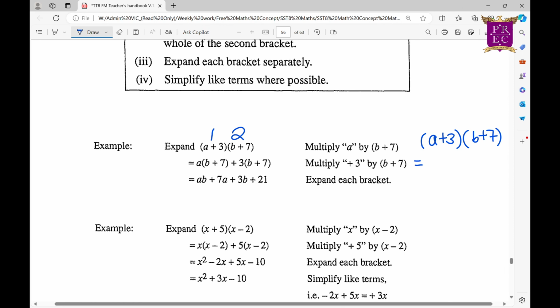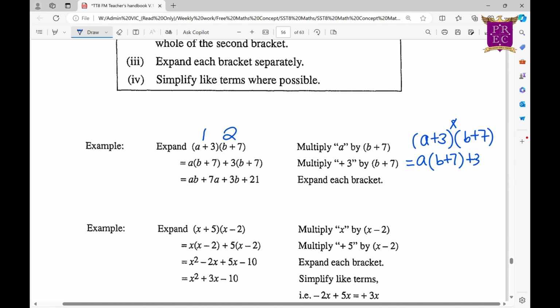So what they've done is they've taken out a as a term and just made it so it multiplied with b plus 7. And then they did the same with the positive 3. They just made it multiply with b plus 7, the entirety of the second bracket.